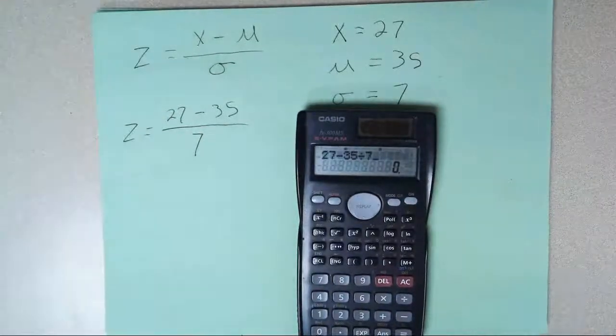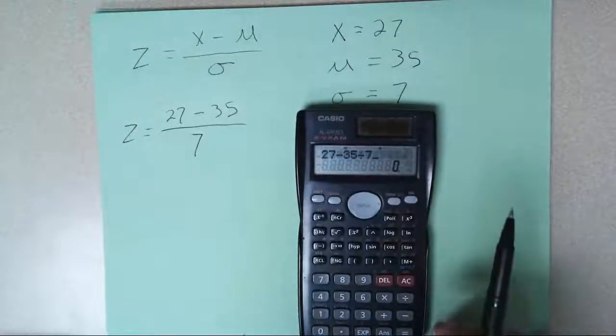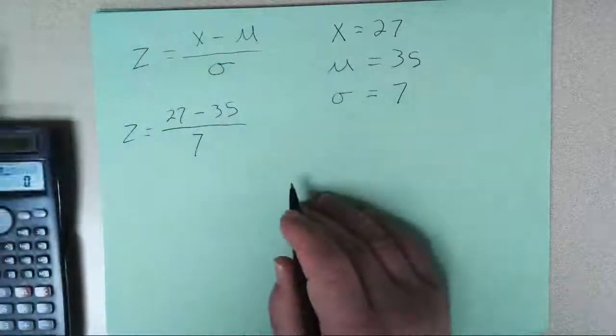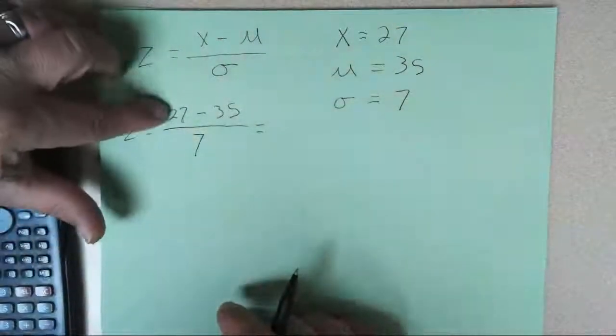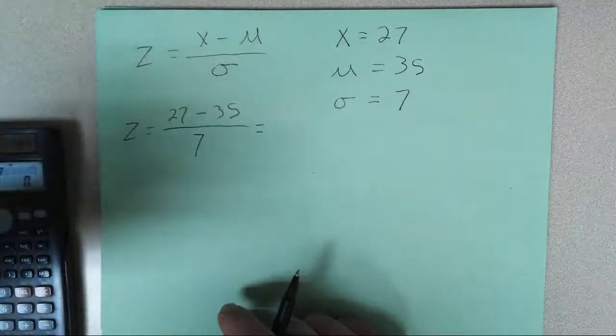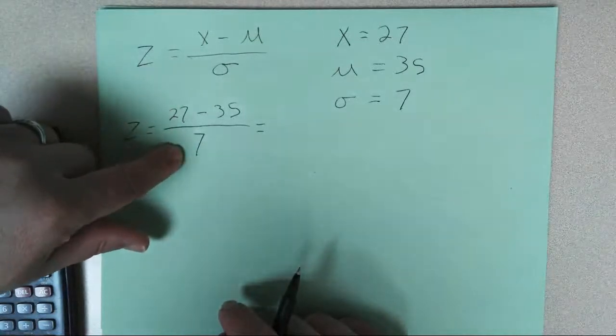Okay, but if I put it in my calculator like this, I'm actually going to get the wrong answer. Okay, and let me explain why. So when you have a fraction like this, what you're going to do is you're going to do everything on top and then everything on bottom, and then the very final thing, you're going to take the top and divide it by the bottom.